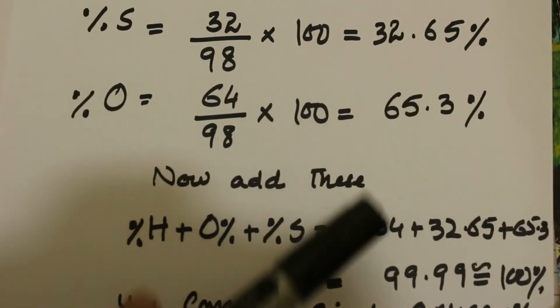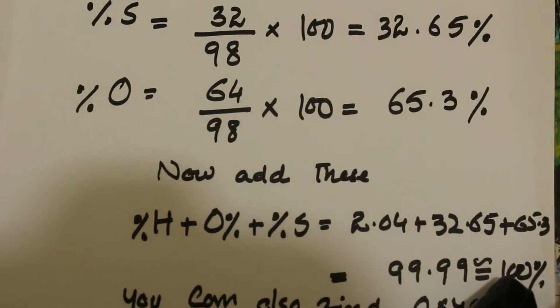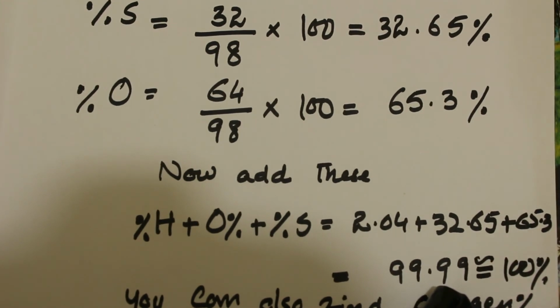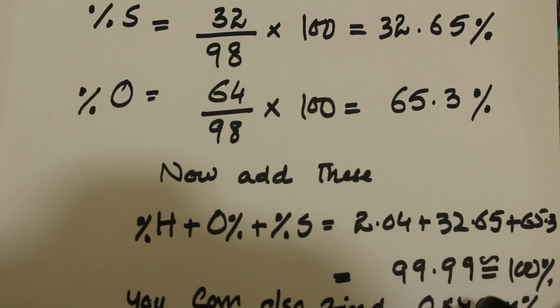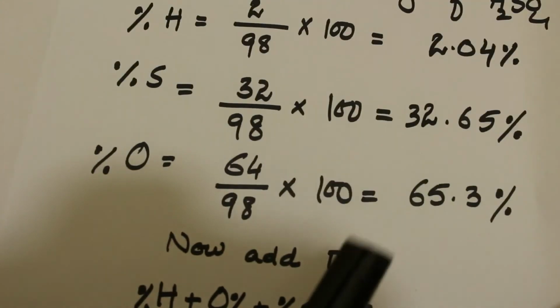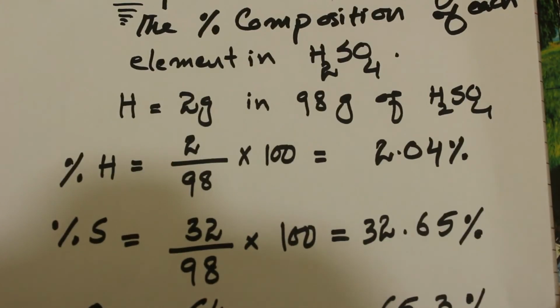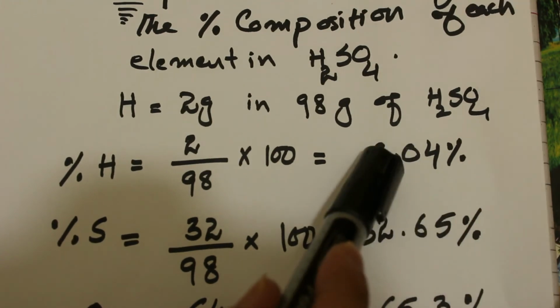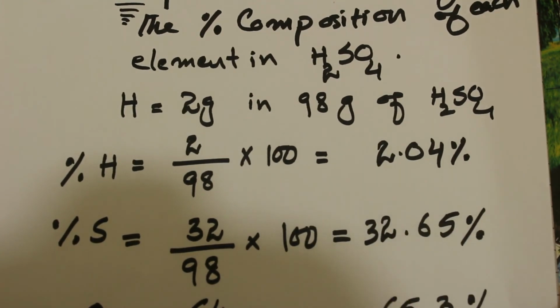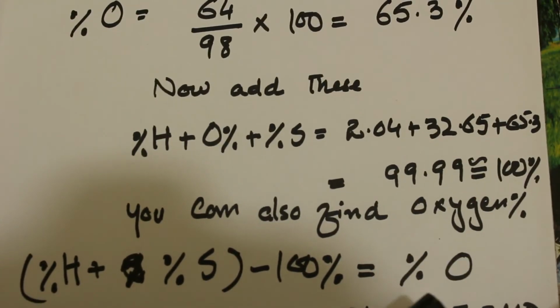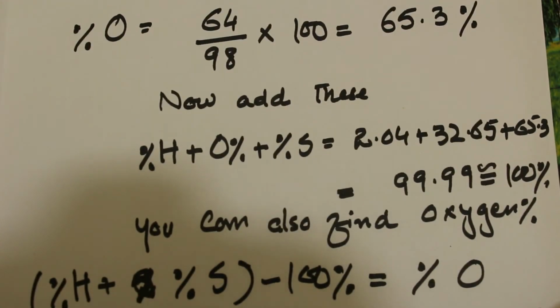Now when you add up these three values, you will get 100%, 99.99% in this case, which is almost equal to 100%. Now you can find the percentage of oxygen in another way. Just add these two values and then subtract the sum from 100%, and you will find the percentage of oxygen by mass.